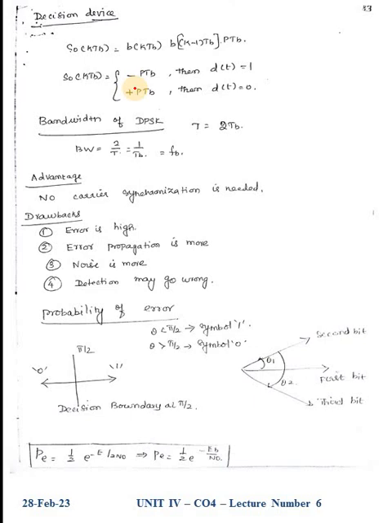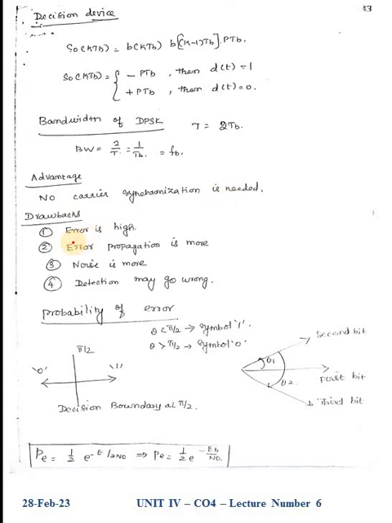So the output will be derived when d of t is equal to 1, and it is equivalent to the value at Tb when d of t is equal to 0. This is the bandwidth formula: bandwidth is equal to fb. An advantage of this method is that no carrier synchronization is needed.